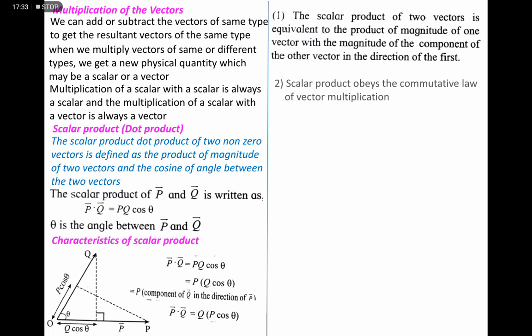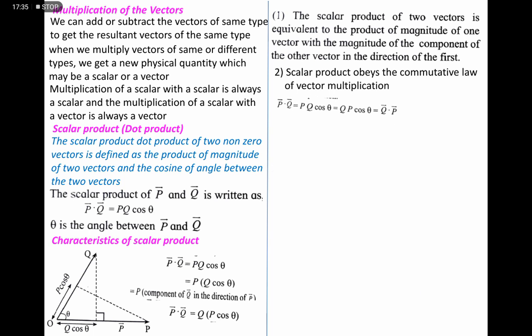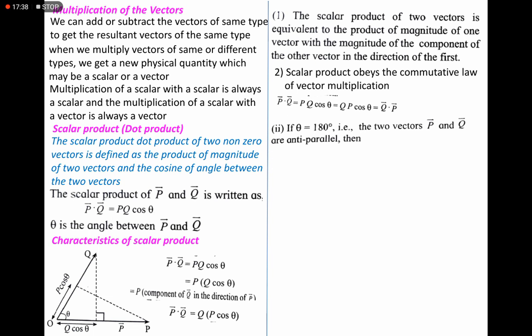Here p bar dot q bar is equal to pq cos theta, and the dot product of q bar and p bar is qp cos theta. And these are the same. Therefore, we can write p bar dot q bar is equal to q bar dot p bar. So the scalar product obeys the commutative law.